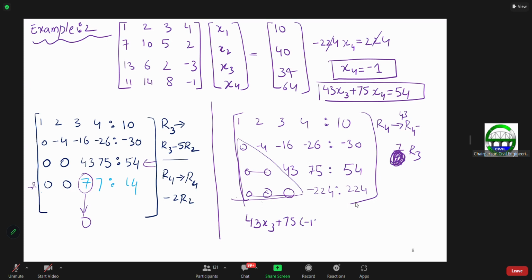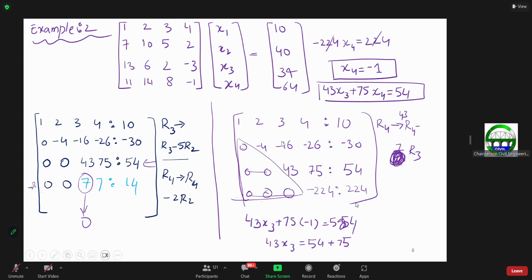It is minus 1, is equals to 54. Sorry, 54. And then putting the value, 43 x3 is equals to 54 minus 75. Sorry, this is minus, so this will be plus 75. x3 will be equals to, x3 is equal to 3.